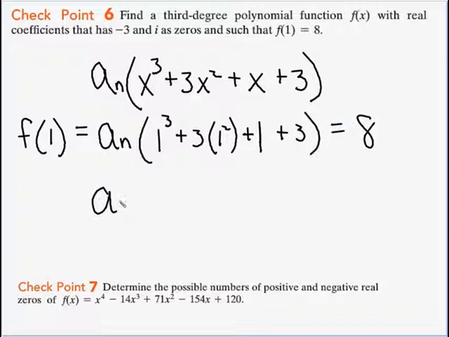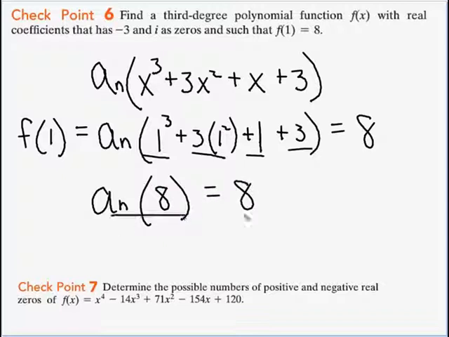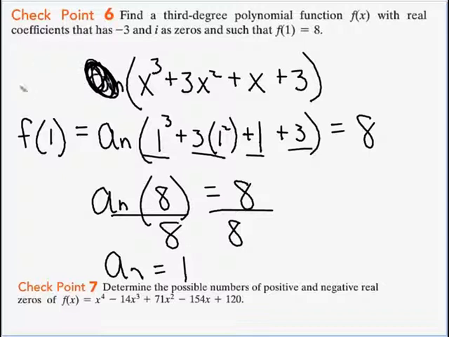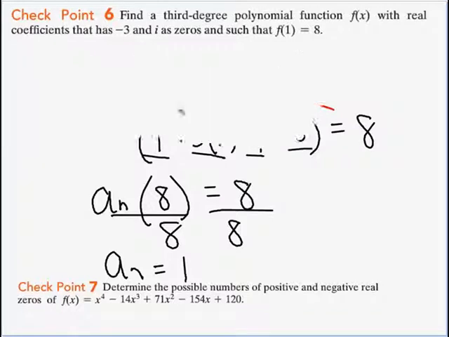So we have our a sub n times 1 plus 3 plus 1 plus 3 is 6 plus 2, or 8, and that's equal to 8. If we divide both sides by 8, we get a sub n is equal to 1. So this a sub n is just a 1, which means we don't even need to put it there. Our third degree polynomial is f of x equals x cubed plus 3x squared plus x plus 3. And there we are.